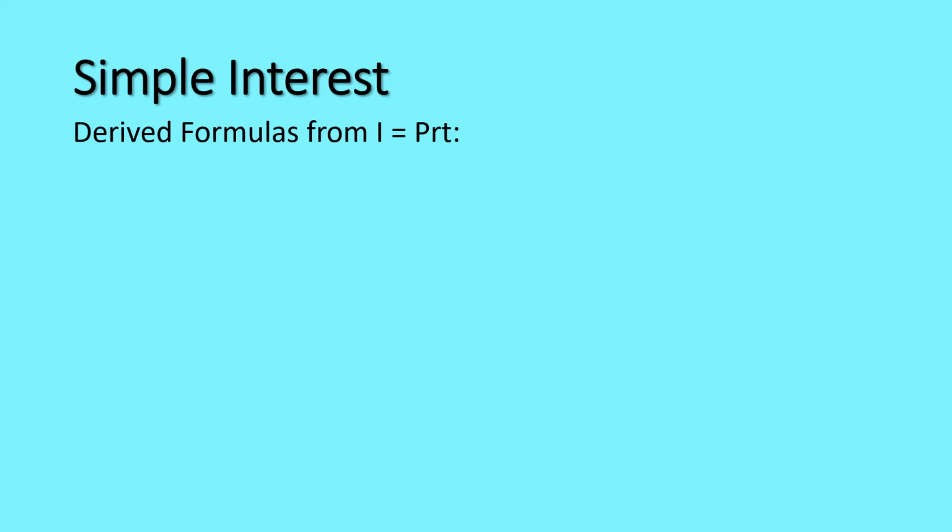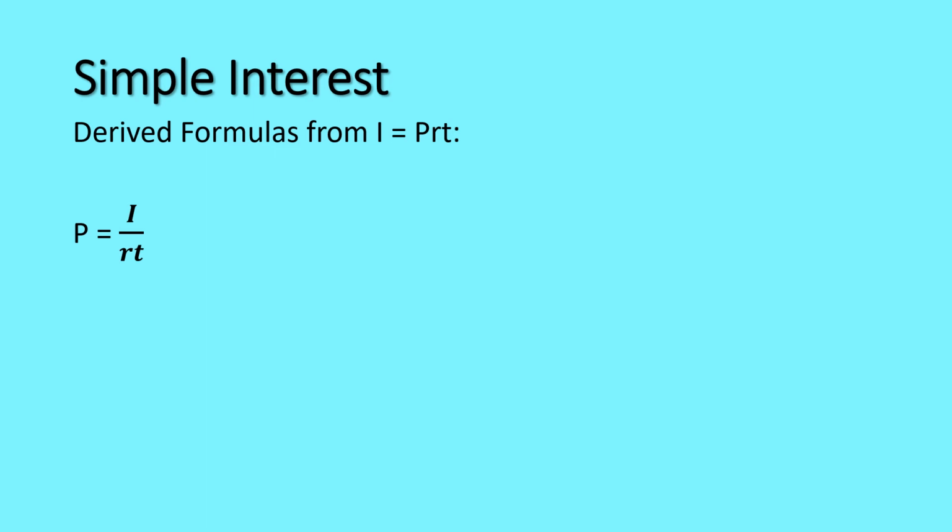So let us now take a look at the summary of the derived formulas from the original formula of I equals PRT. If we're going to solve for the principal amount given the interest, that will be I all over R times T. So this is the formula for the principal amount.